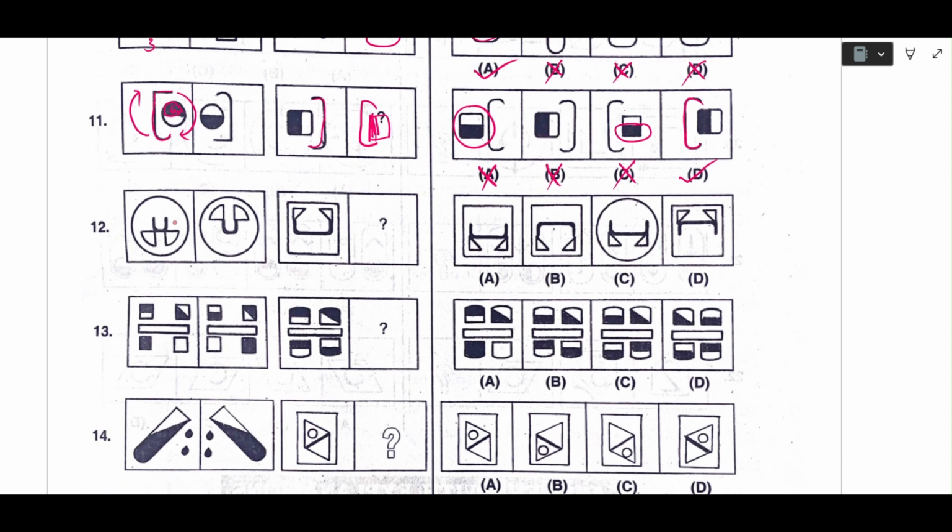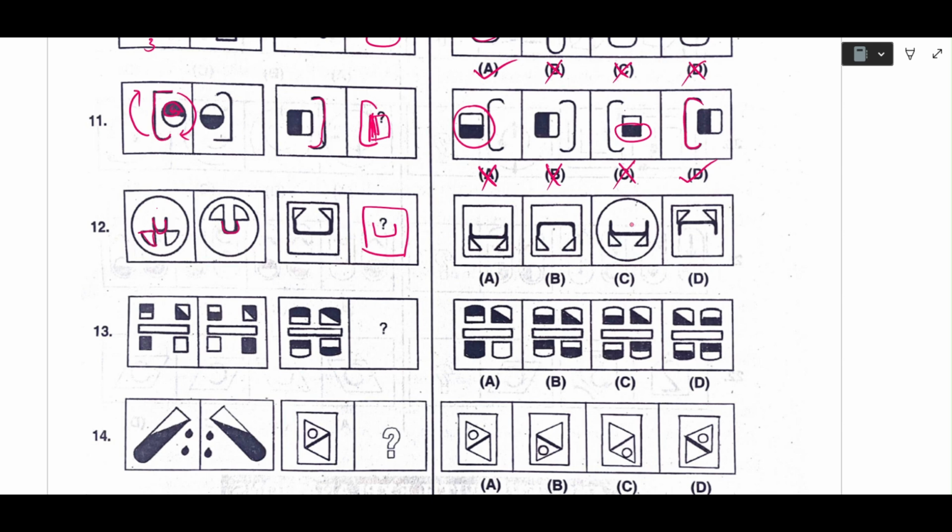And here in the 12th figure, the outside circle is the same, internally this U is not changed, and these pieces have gone up. So we will be applying the same. This outer part is a square, and internally this U should be the same, and the rectangles should come down, right? So these rectangles should come here.